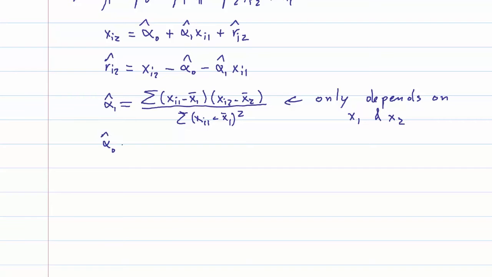For alpha 0, in a simple regression, remember that we just have x2 bar minus alpha 1 hat x1 bar. So again, the x2 bar and the x1 bar only depend on x, and alpha 1 also only depends on x, so alpha 0 just depends on x.